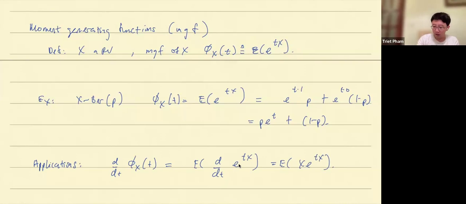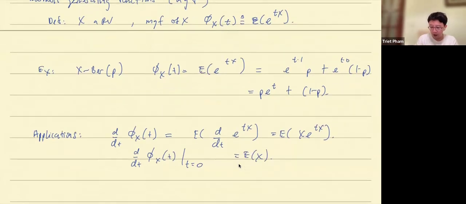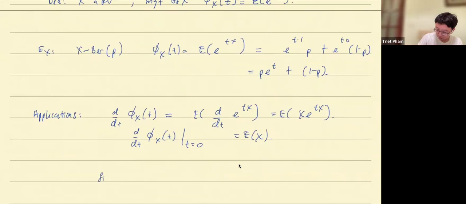If you plug in t equal to 0, then that's the expectation of x. So on and so forth, meaning you can differentiate the moment generating function many times, like 10 times, and plug in t equal to 0, and you get the expectation of x to the 10th. Let's say e to the n.